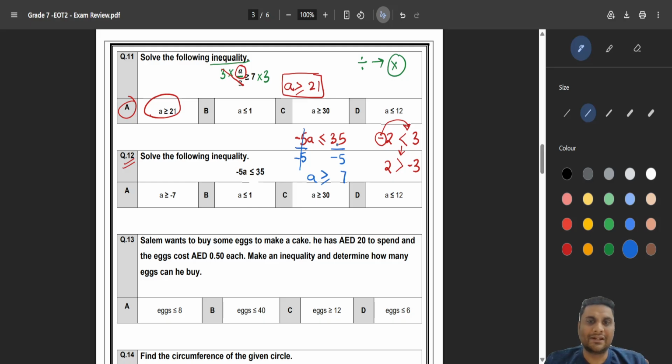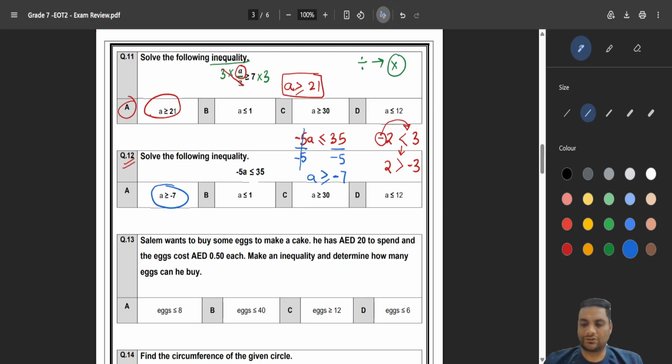The rule says if we have same signs in the numbers, we will put plus here, and if we have different signs, we will put minus. Here the 35 is positive and the 5 is negative. That means different signs. Different signs means the answer will be negative. So my A should be greater than or equal to minus 7.